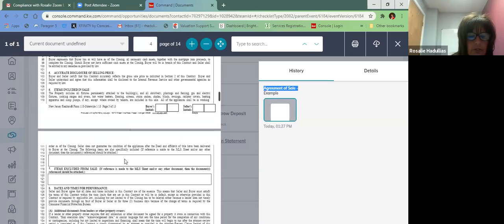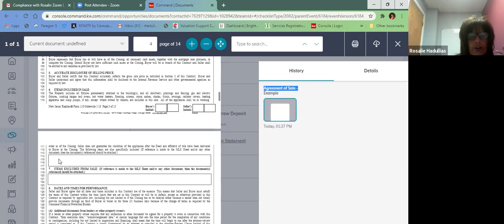So the next spot would be items included in sale, which is number 6. It does say everything on here. The property includes all fixtures permanently attached to the building and all shrubbery, plants, fencing, gas and electric fixtures, cooking range, ovens, hot water heater, flooring, and so on.